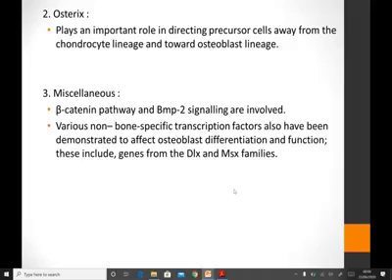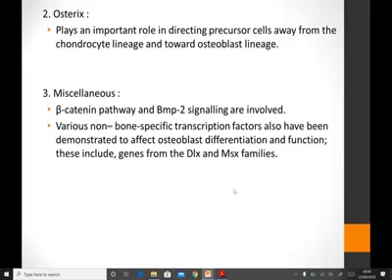So the mesenchymal stem cell could differentiate into a chondrocytic cell, an osteoblastic cell, a myogenic cell, or an adipocytic cell. But what forces it to differentiate into an osteoblastic cell is RUNX2. RUNX2 basically controls the differentiation of the stem cell towards the osteoblastic lineage.